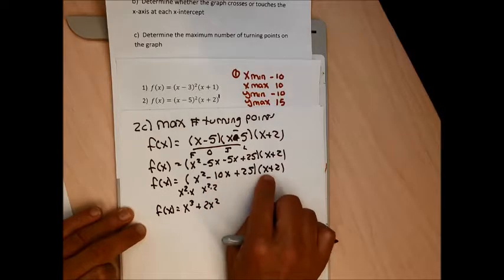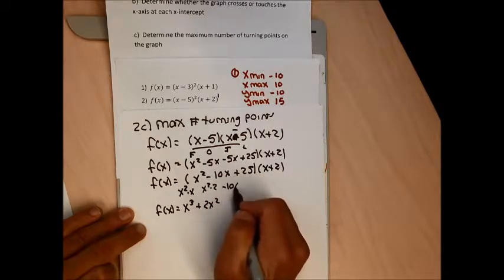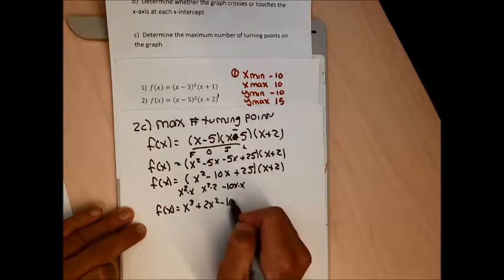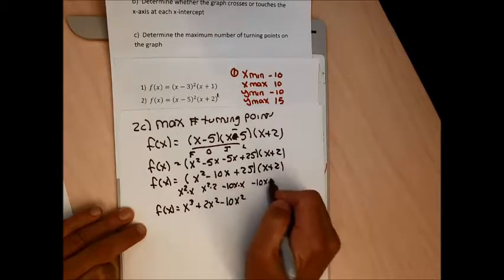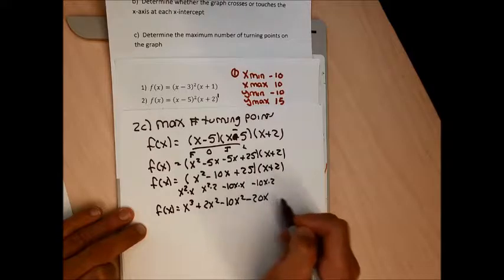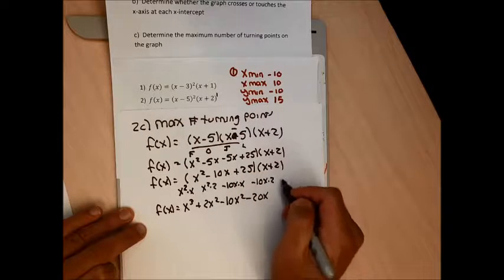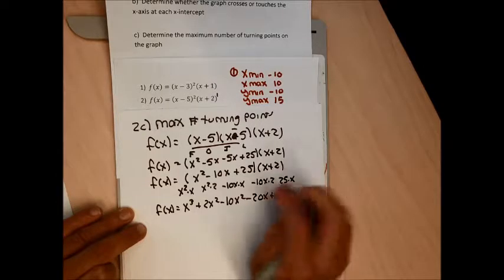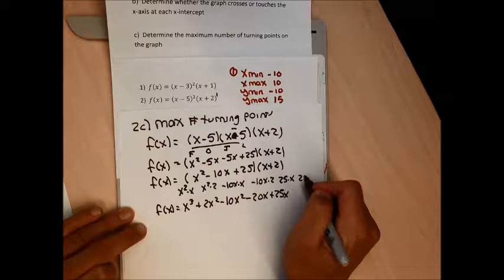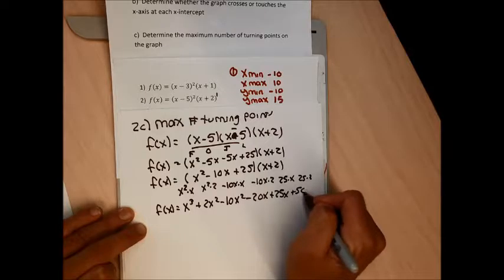And then minus 10x times x, which is minus 10x squared, and then minus 10x times 2, which is minus 20x, and then 25 times x, which is plus 25x, and then 25 times 2, which is plus 50.